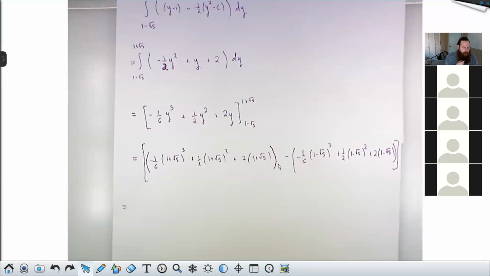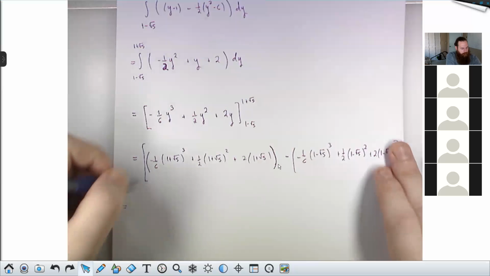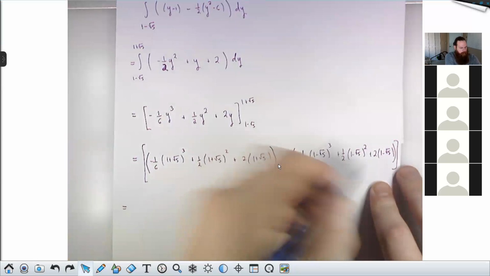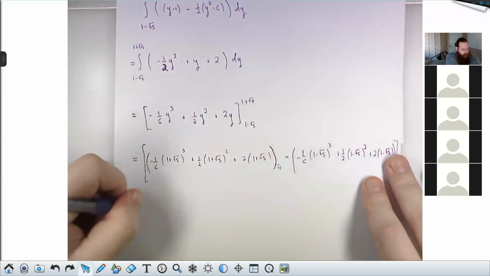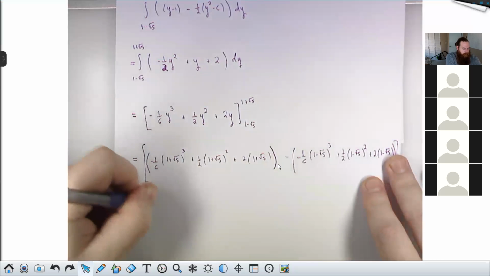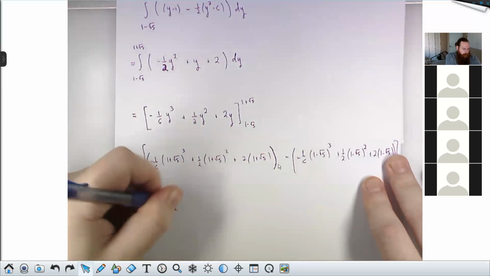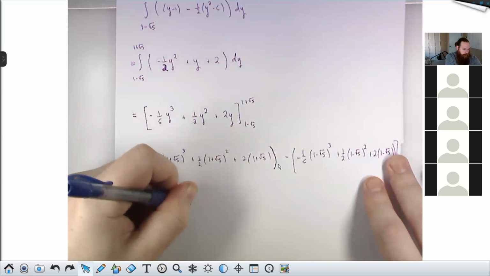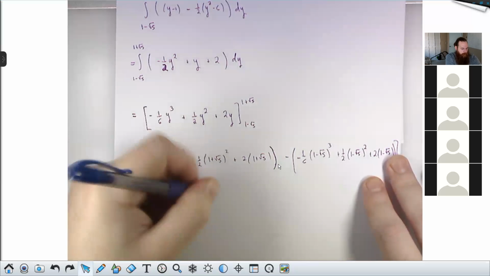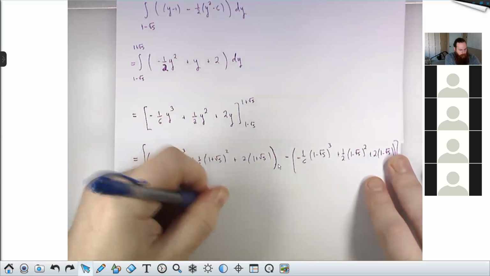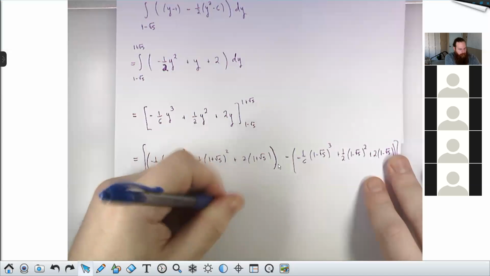That would be okay. Maybe we'll distribute everything, the negatives here. So I'll call this negative 1/6 times 1 plus the square root of 5 cubed, plus 1/2 times 1 plus the square root of 5 squared, plus 2 times 1 plus the square root of 5.